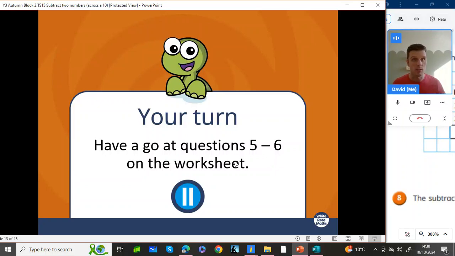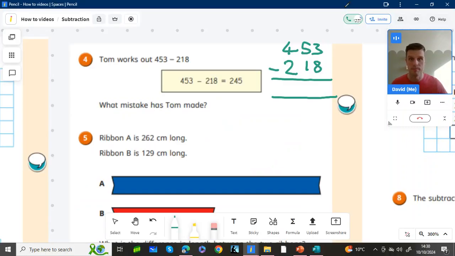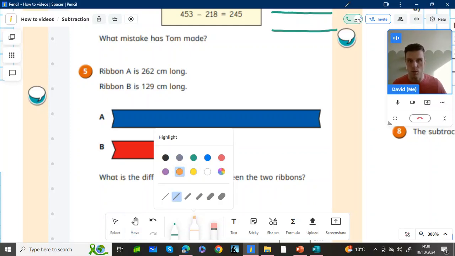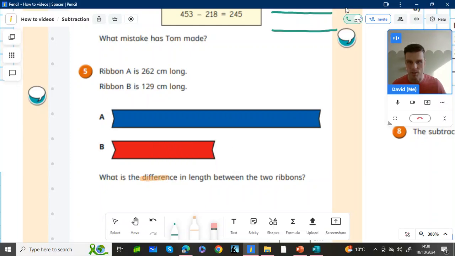And now we're going to have a go at questions 5 and 6. Okay, so question 5. Ribbon A is 262 centimeters long. Ribbon B is 129 centimeters long. What is the difference between the two ribbons? Now, before we move on, I'm just going to highlight this key word, difference.